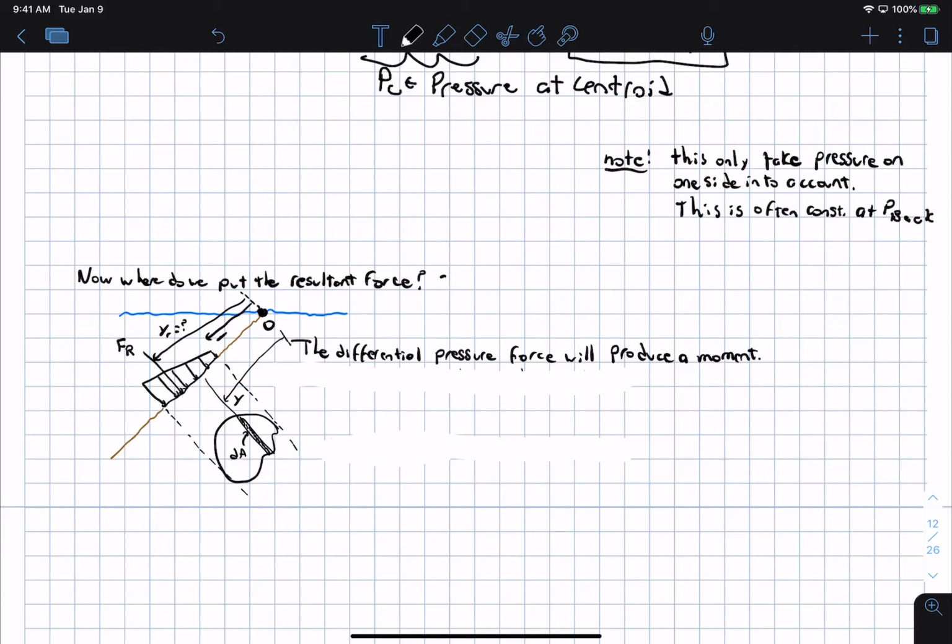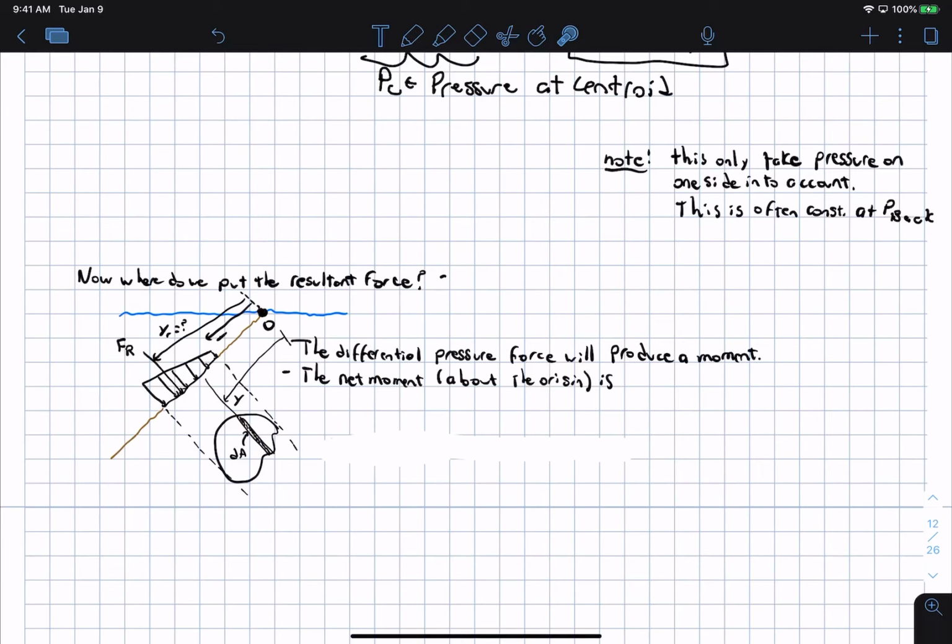And so, as I said, this distributed pressure force will produce a moment about the origin, which is right there at the surface, and the net moment about the surface is nothing more than the integral of all the moments on all of these little strips about the origin.